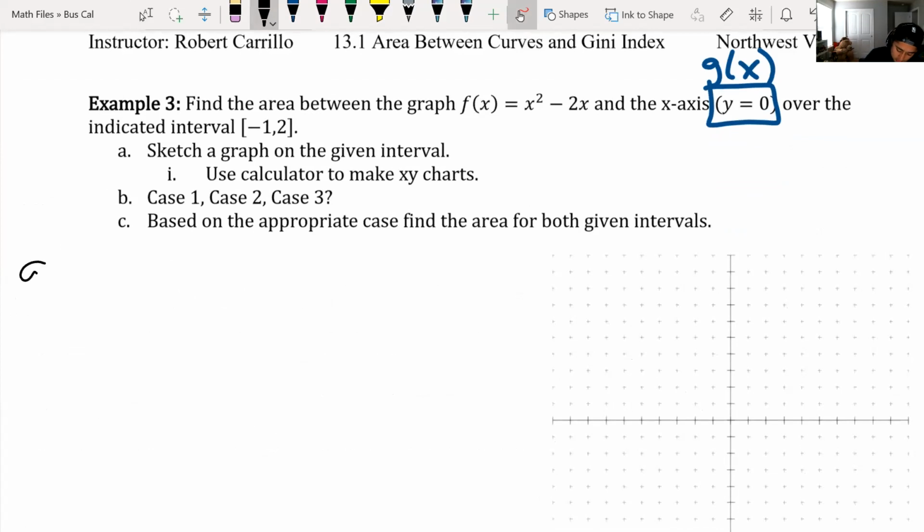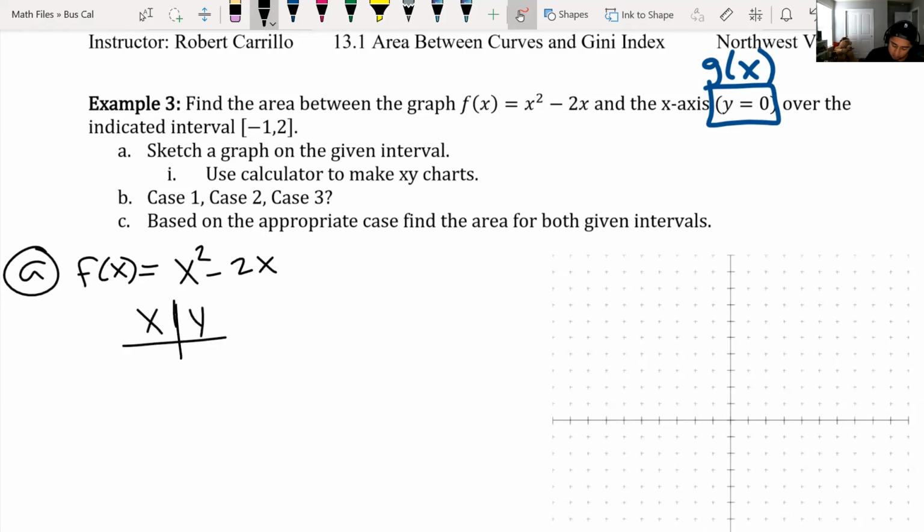So, A. F of x equals x squared minus 2x. Make my XY chart. And they're giving us the numbers to plug in again. The interval is -1 to 2. So those are the numbers we're going to choose. -1, 0, 1, 2. Type it in.